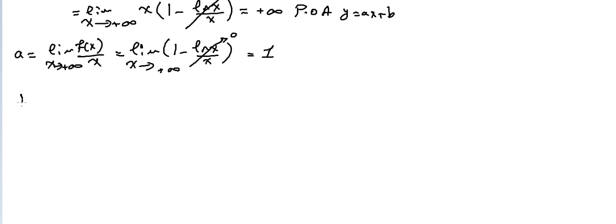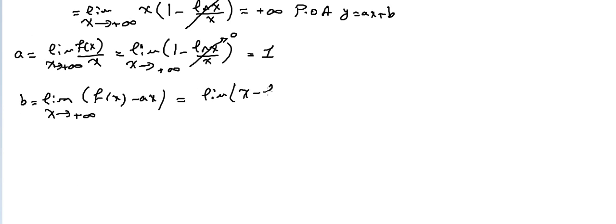b is equal to the limit of f of x minus ax as x approaches plus infinity, which is the limit of x minus ln x minus ax, and a is 1, so minus 1x, as x approaches plus infinity. x minus x cancel.